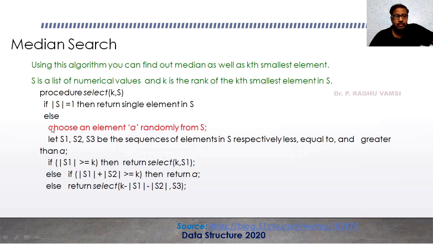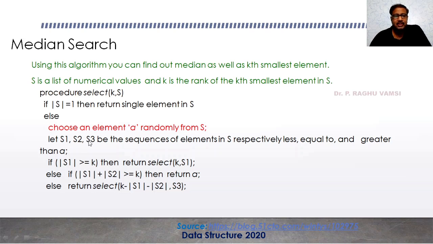You are going to choose a random element from the list S. Now you are supposed to construct subsets S1, S2, S3, in which the elements less than this random element will be placed in S1, the random element that you have chosen will be placed in S2, and the elements that are greater than the random element will be placed in S3.